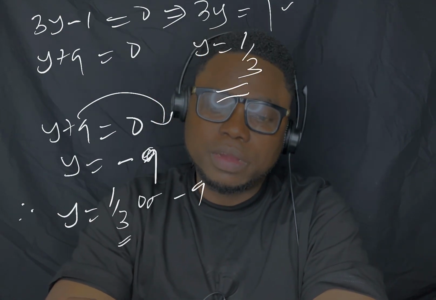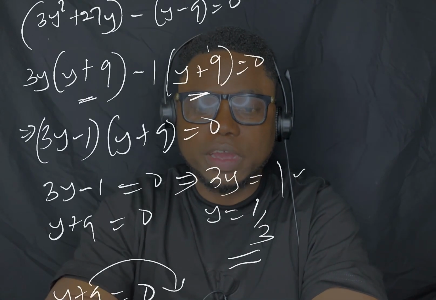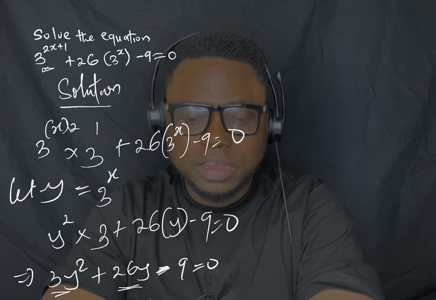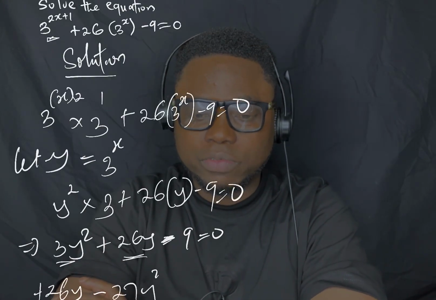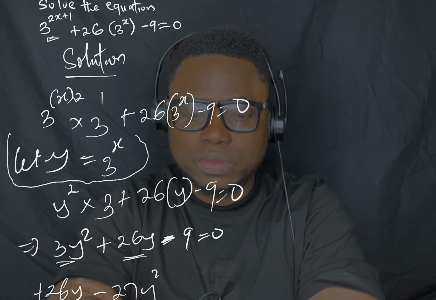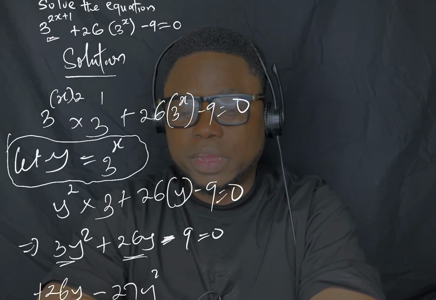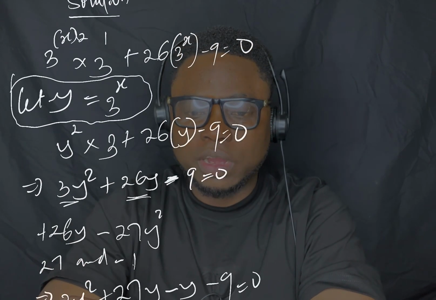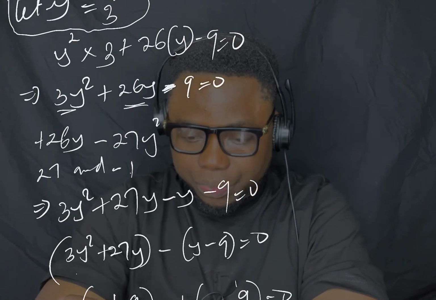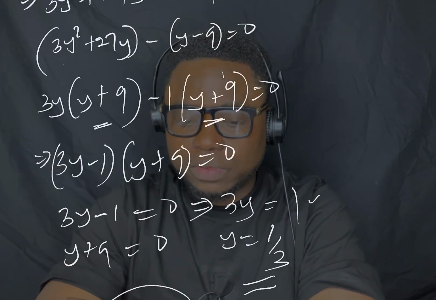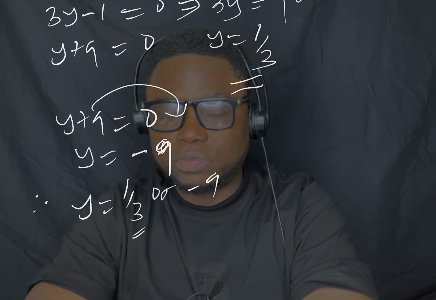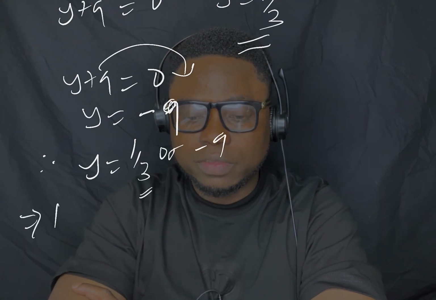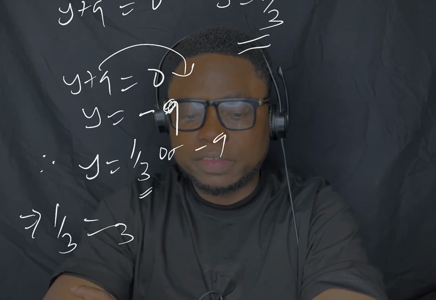But remember, we are looking for the value of x because in the original equation, we have x. And remember the step where we said let y be equal to 3 exponent x. In this case, to find the value of x, we're going to replace y with its positive value, which is 1 over 3. So that is going to be 1 over 3 is equal to 3 raised to the power of x.